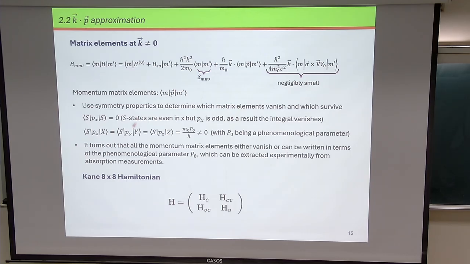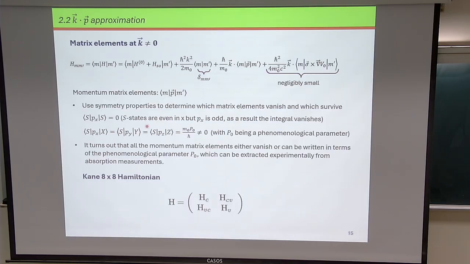You can figure out also that SPX X, SPY Y and SPZ Z are all going to be equal to some parameter different from 0. I don't know the value. Conveniently, I wrote it like this: m naught, the electron mass, divided by h bar, and p naught is some parameter.